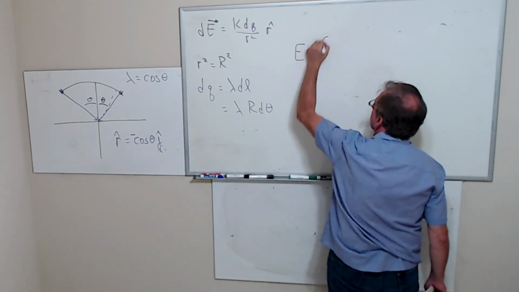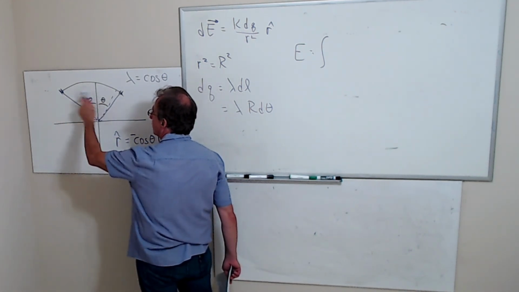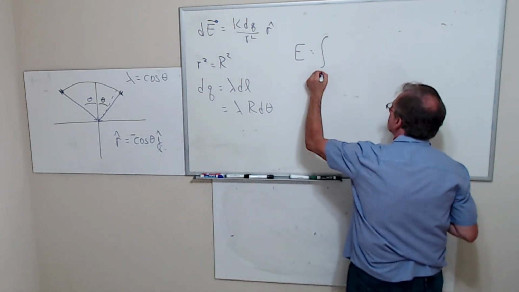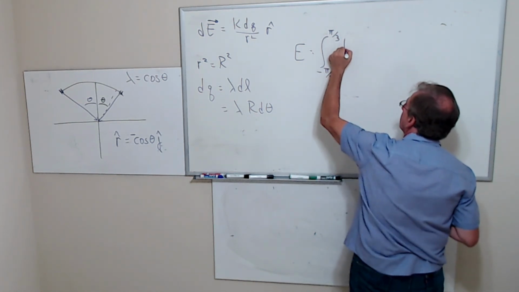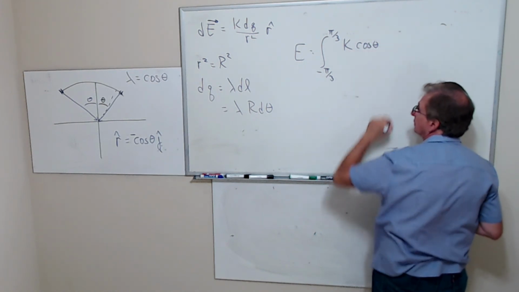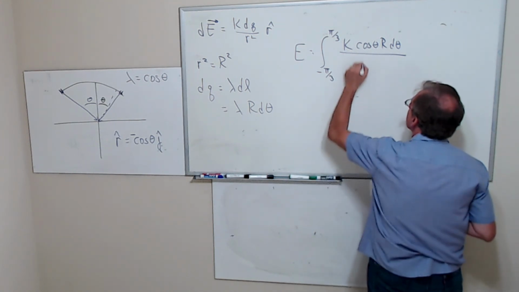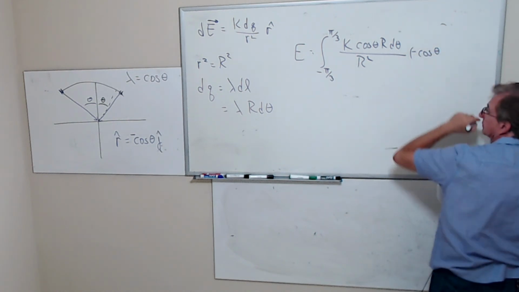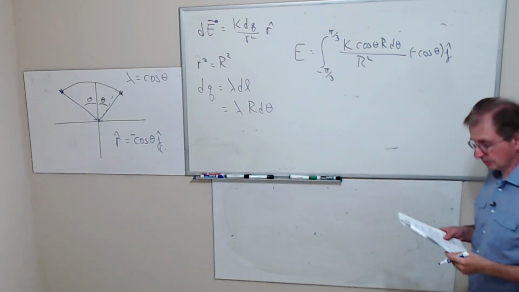So E is going to be the integral. If this thing takes up 2/3, 2 pi over 3, then each half is pi over 3. So I'm going to integrate from minus pi over 3 to pi over 3 of k. dq is going to be lambda, which is going to be cosine of theta, r d theta over r squared times a negative cosine theta into j hat. So basically I'm going to integrate cosine squared.